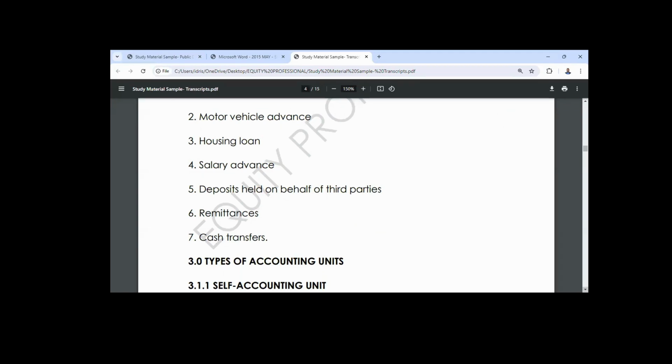All these are below the line items. Any item of income and expenditure that was not contained in the budget is called a below the line item.